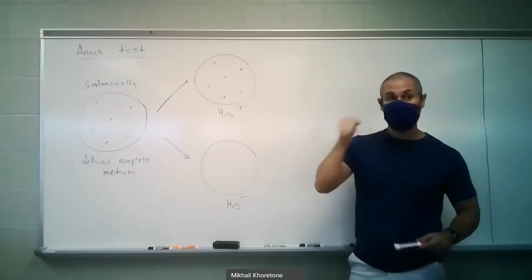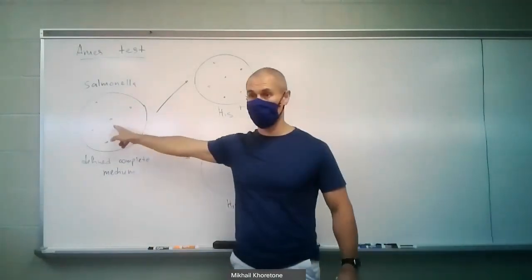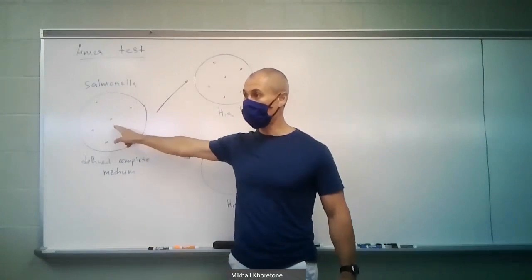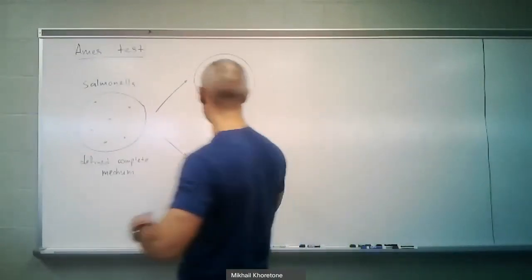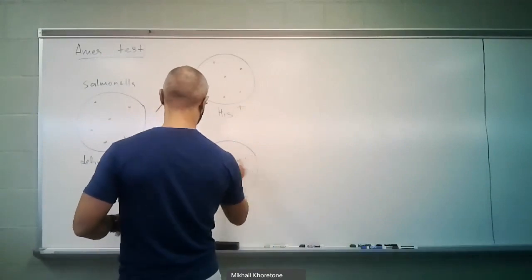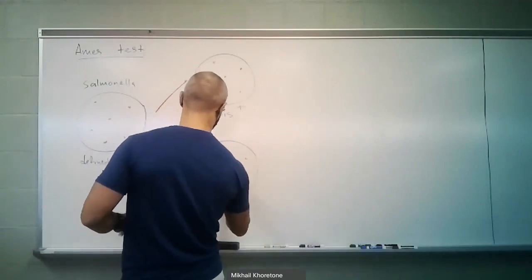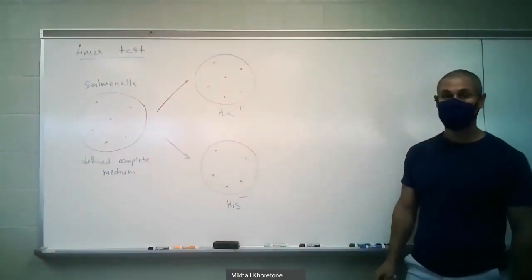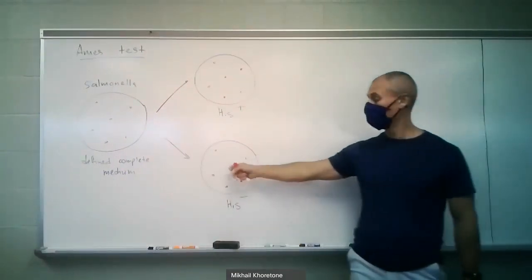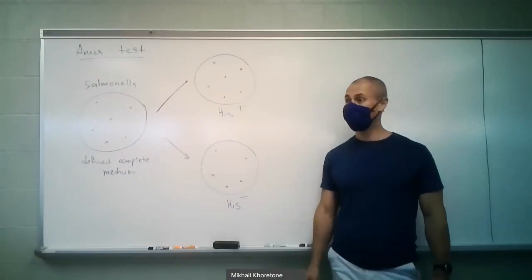And then you use the same stamp, the same source, same colonies being stamped on this medium. And here's what you see. Look. Is there a difference? One colony doesn't grow on the histidine negative plate.